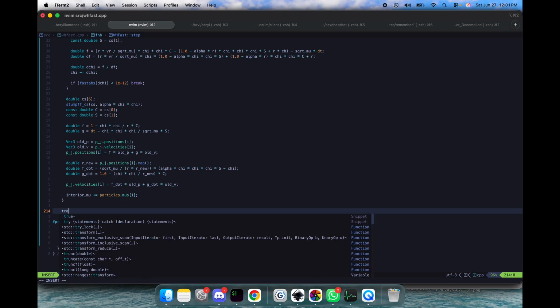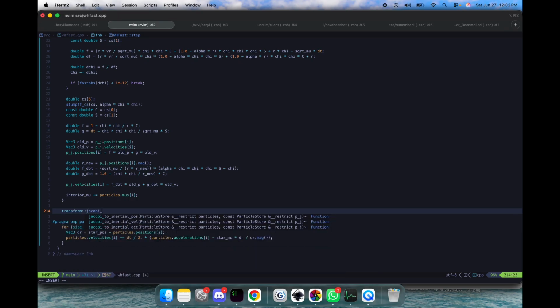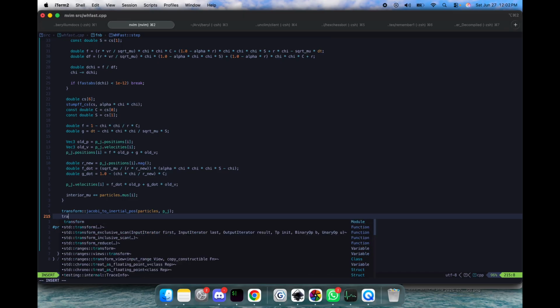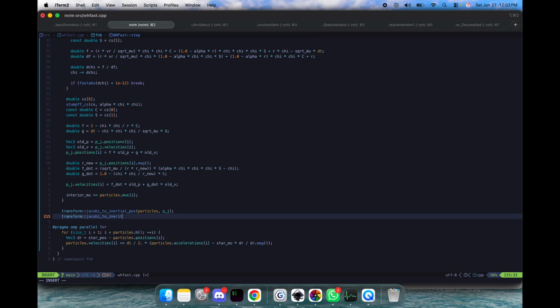Jacobi, no, it's transform Jacobi to inertial particles pj. Oh yeah, and we need Jacobi to inertial vel particles pj.